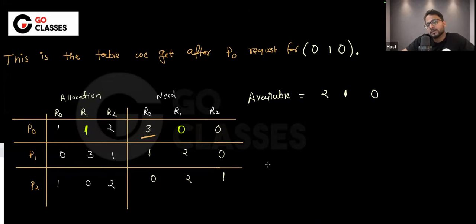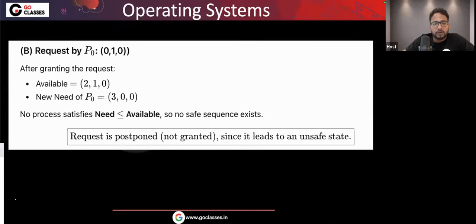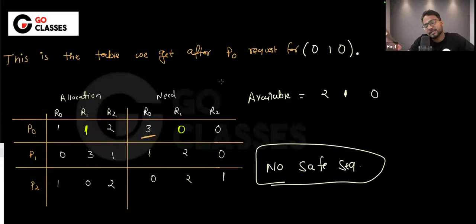In this table, there is no safe sequence. So hence you can say that the request is postponed, or not granted, since it leads to the unsafe state. There is no safe sequence, so that's why we say it is unsafe state.